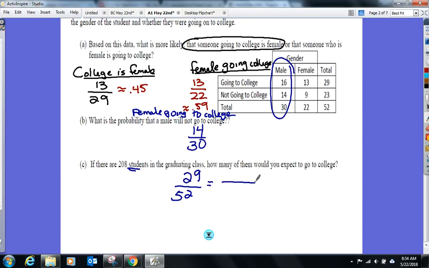Now I'm looking for, well, what if there's 208? So where should I put the 208? In the denominator? X. And we end up with about what? 116 students we predict going to college.